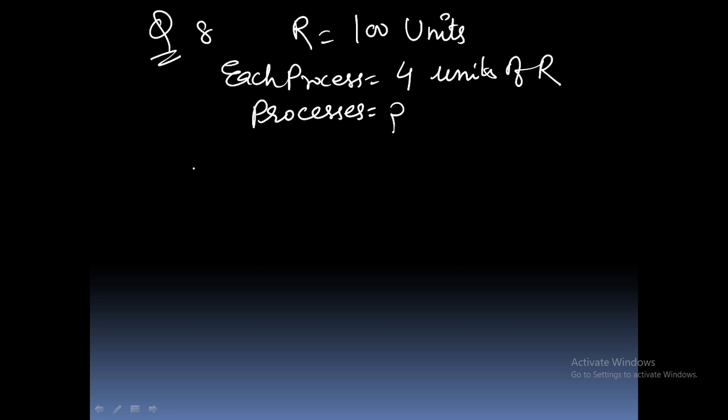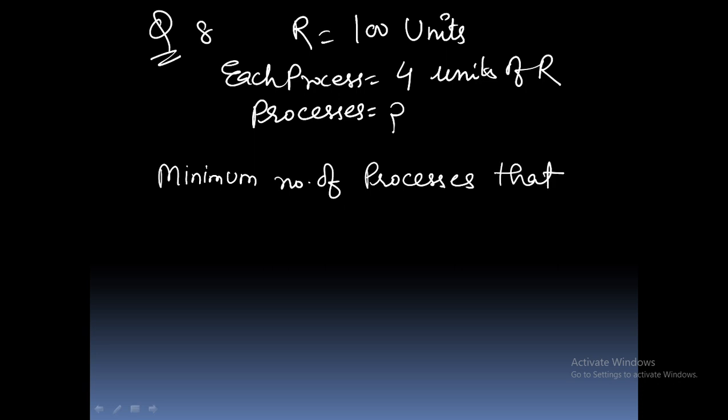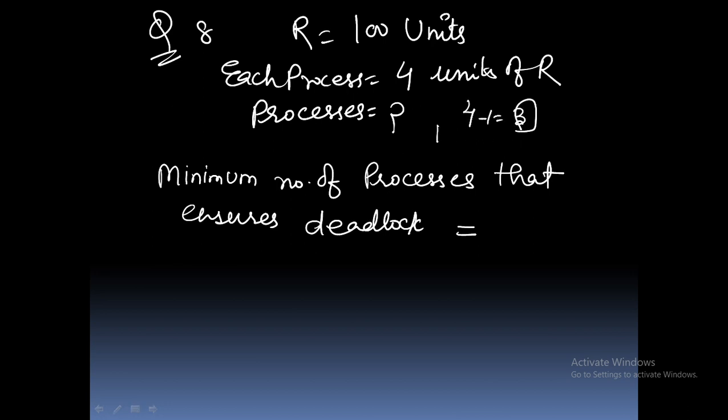4 units of total 100 units. The minimum number of processes that ensures deadlock will be equal to, you can take here 4 minus 1, that is 3, and when we divide 100 by 3, that is 33, and plus 1, that is 34.